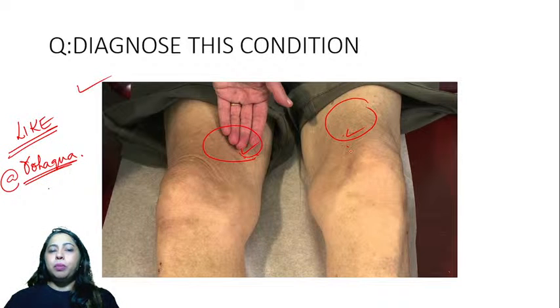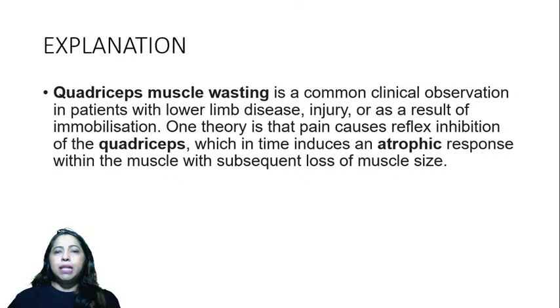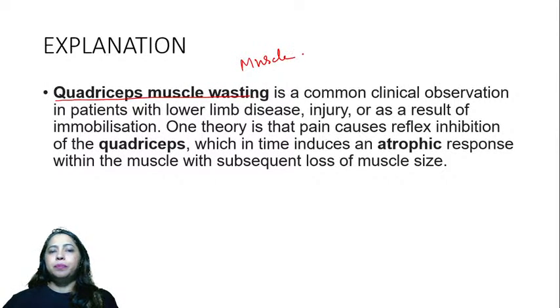Look at the amount of muscle. There is a decrease in the muscle mass. What has happened? What is the condition? That is quadriceps muscle wasting.